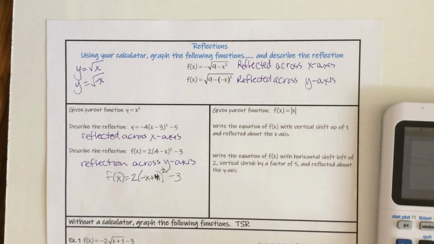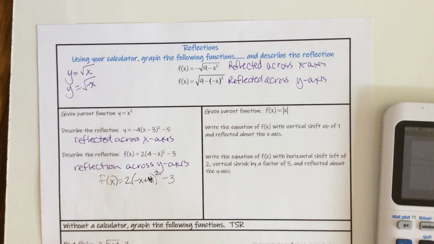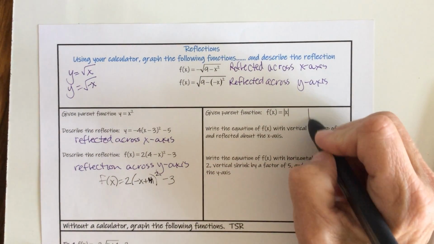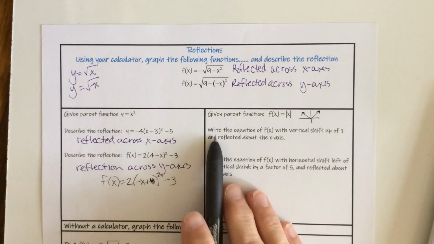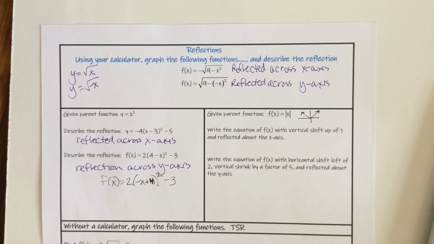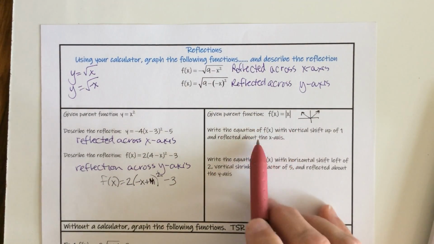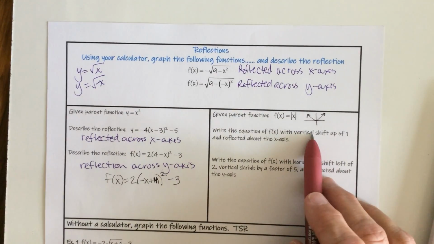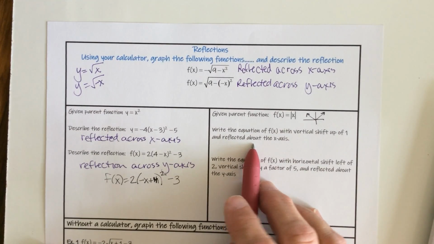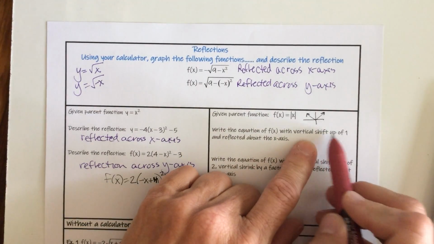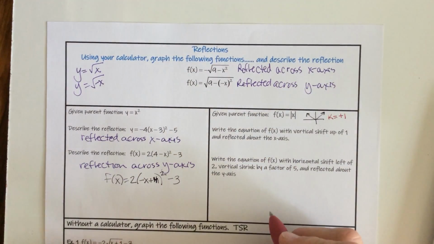Okay, so now let's talk about the parent function, the absolute value of x. Just as a reminder, what does that graph look like? The absolute value of x looks like this. And so what I want us to do is write the equation of this absolute value of x function that would have a vertical shift of 1 up and reflected about the x-axis. Well, if we have a vertical shift up 1, that means k is positive 1.